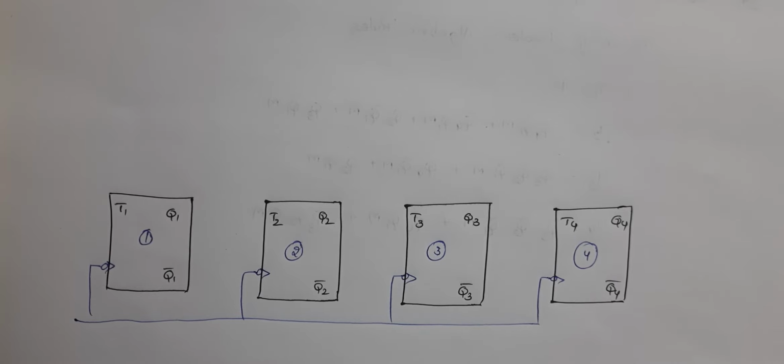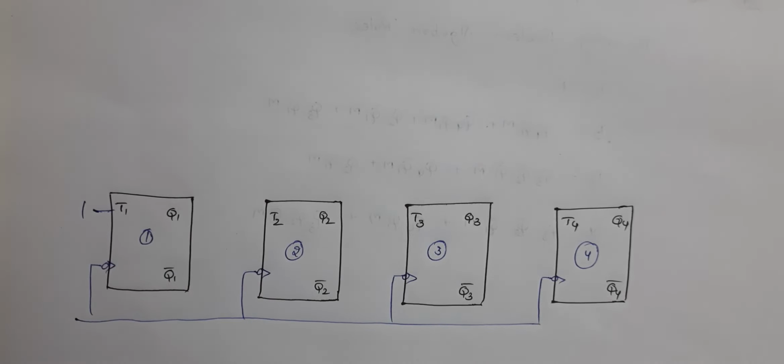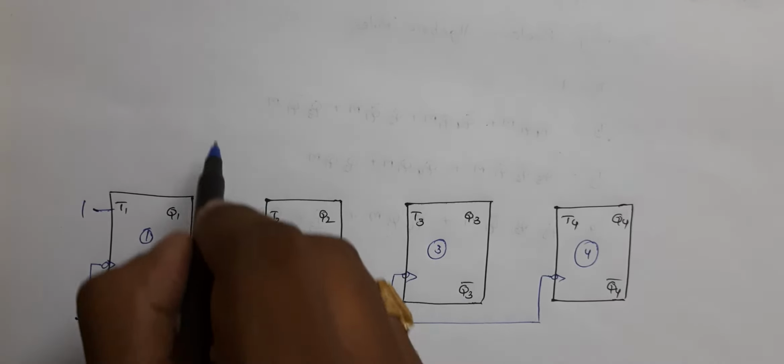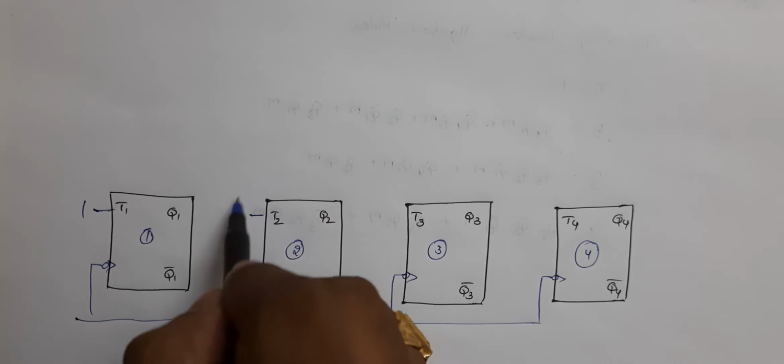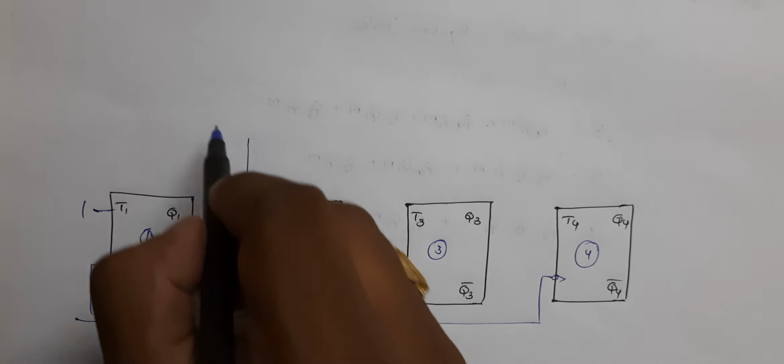Okay, what is the expression for T1? The expression for T1 is nothing but 1, so the input T1 is equal to 1. What is the input for T2? We already obtained the minimal expression.